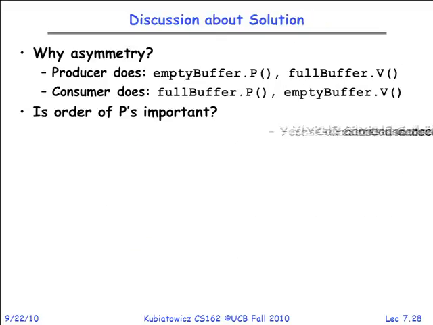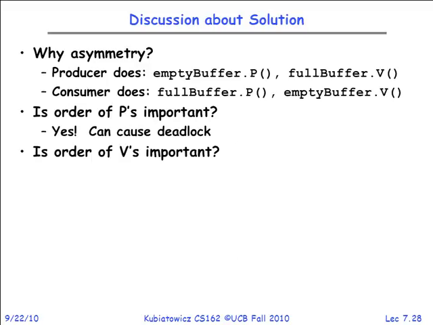Is the order of the V's important? Yeah. Yes. Why? You don't want to wake up another thread while you still have the mutex. Then they'll go to sleep, and then you'll wake up. You'll return the mutex. So you're worried about a performance or a correctness problem?